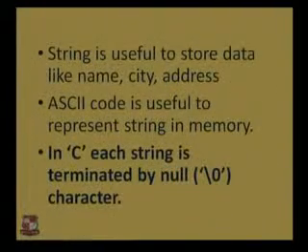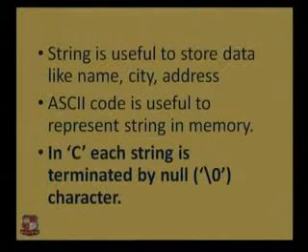We can see many examples in our life: if we are representing our names, address, all that data is stored in a string and represented in double quotes. The string is terminated, or ended, by the null character value.